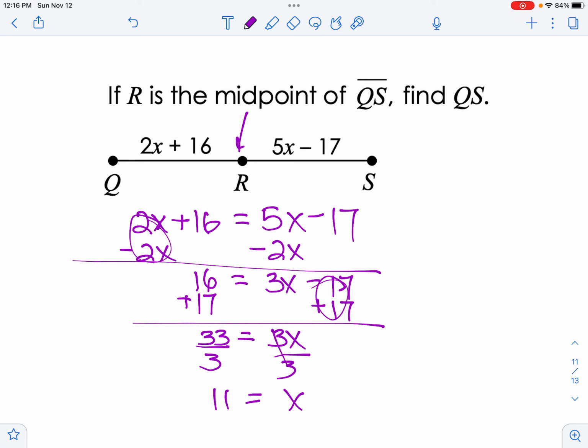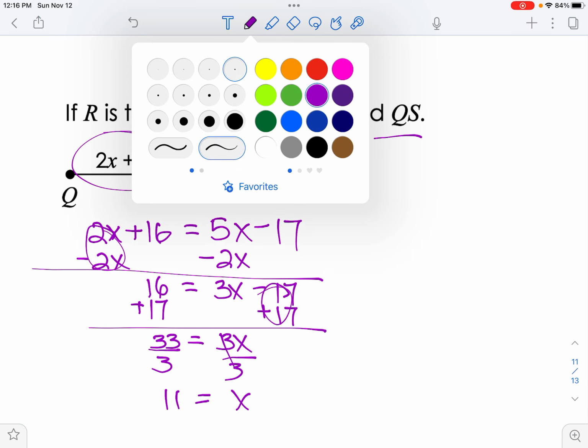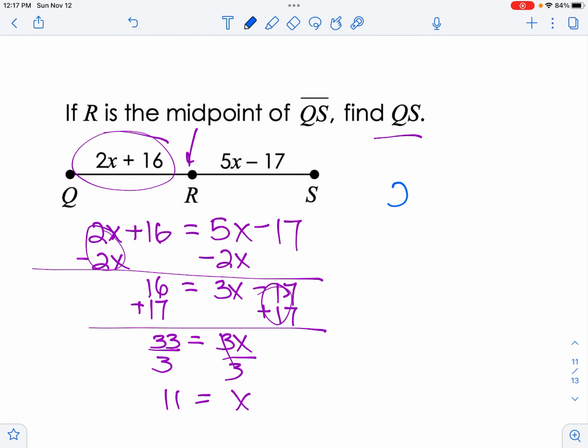Okay, now I want to know QS, but they don't tell us what QS is. But I could just plug into one of these and then double it since they're both going to be the same. So let's just figure out what QR is first. So I'm going to change colors. QR would be 2 times 11 plus 16.